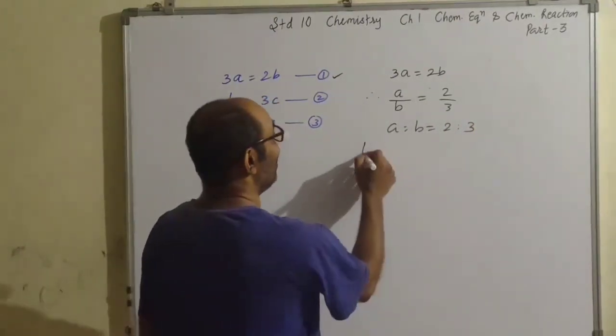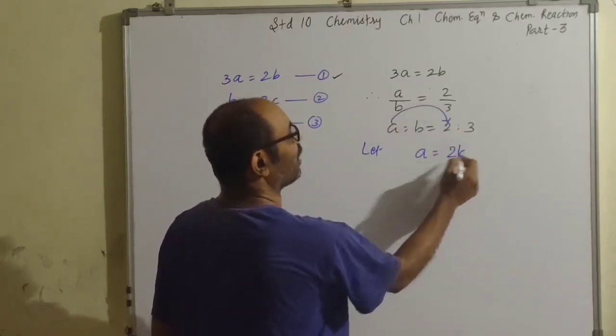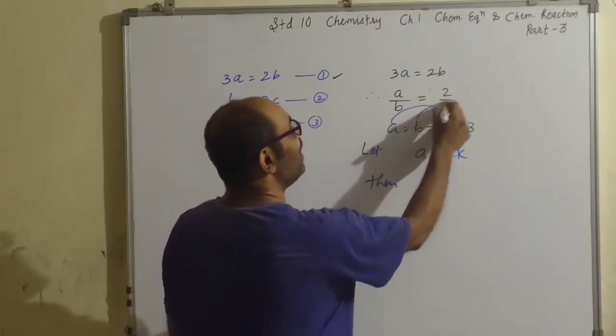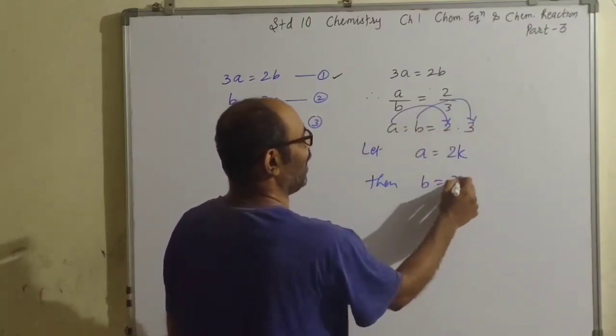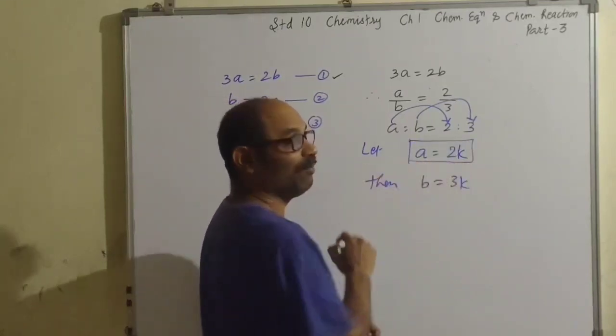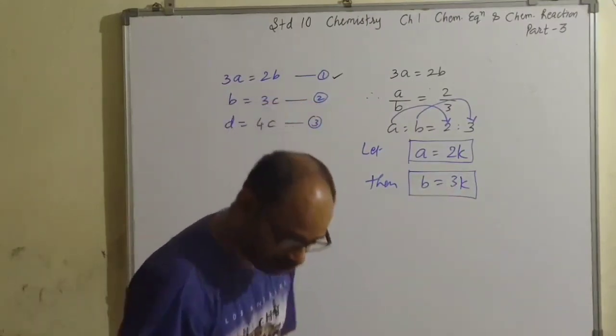Correct? Let A be equal to 2K. I introduce K. Then B is equal to 3K. Correct? So I am putting the value of A in terms of K in the box, and the value of B in terms of K in the box.